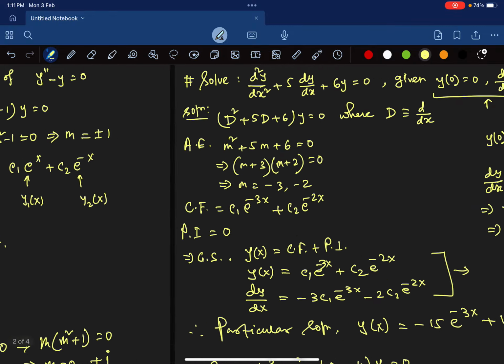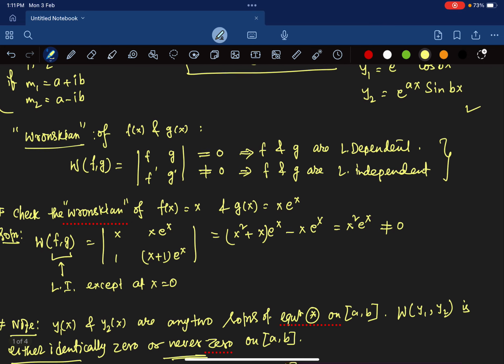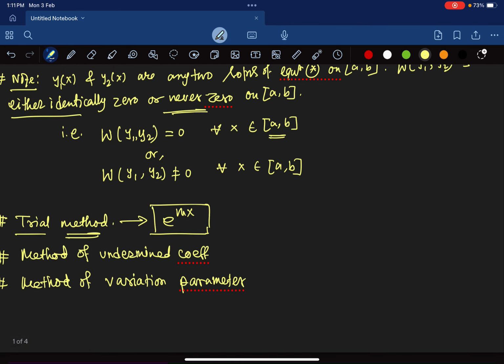So far what we discussed: the homogeneous equation with constant coefficients. Based on the different values of m, we got three different scenarios, and then we studied the Wronskian and a few basic questions related to that. After that, the trial method by e^(mx), and we can determine the solution.